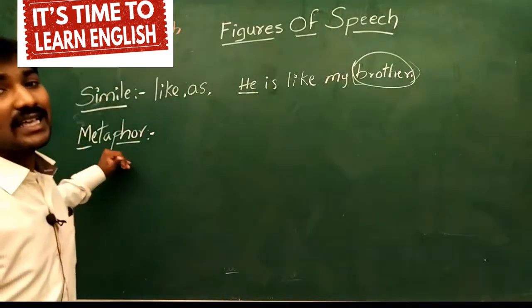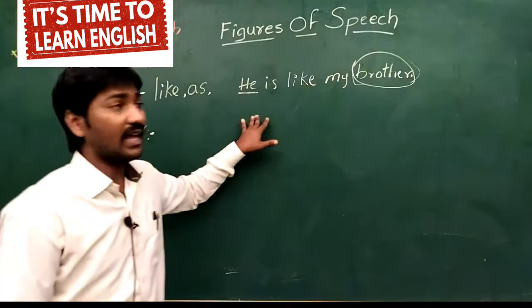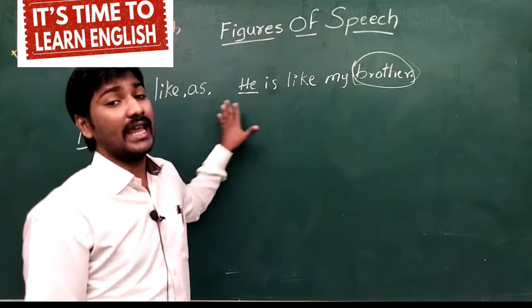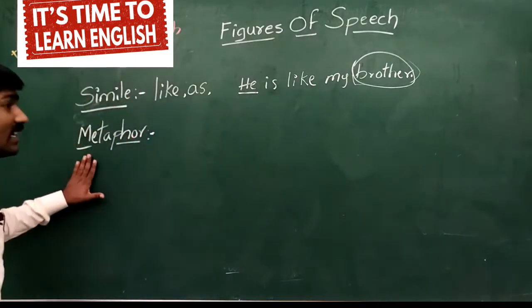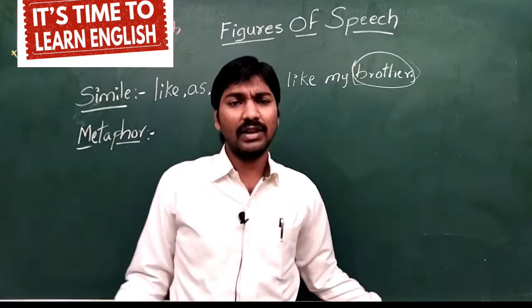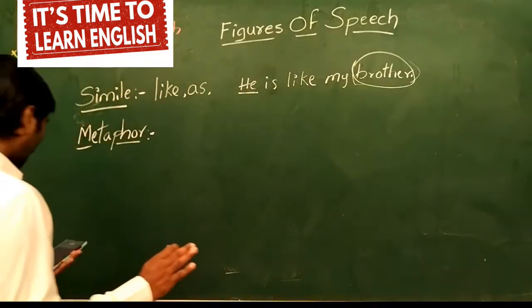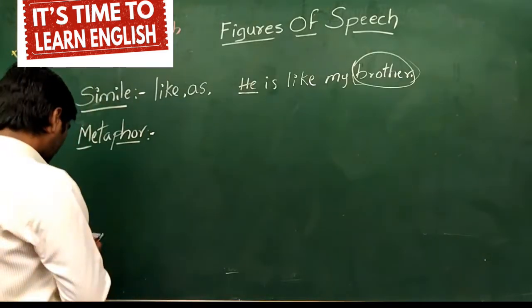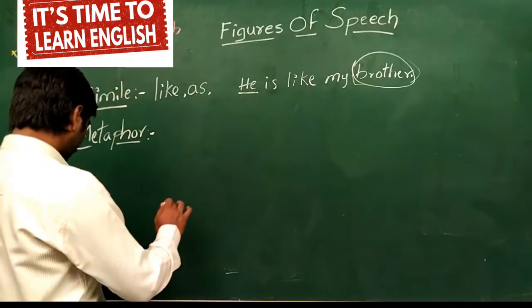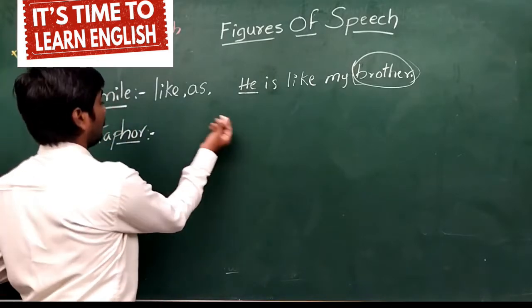So what is a metaphor? Very simple. Here we compare two unlike things by using like or as, but metaphor is comparing two unlike things or ideas without using like or as.